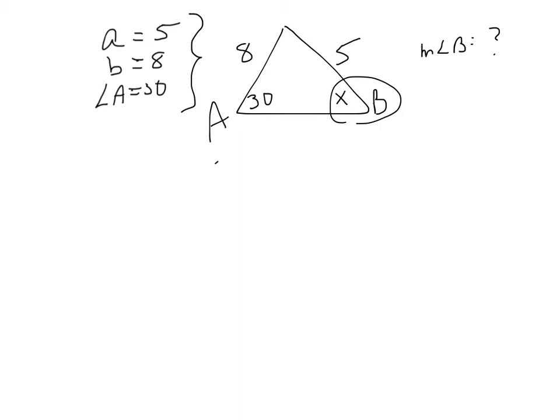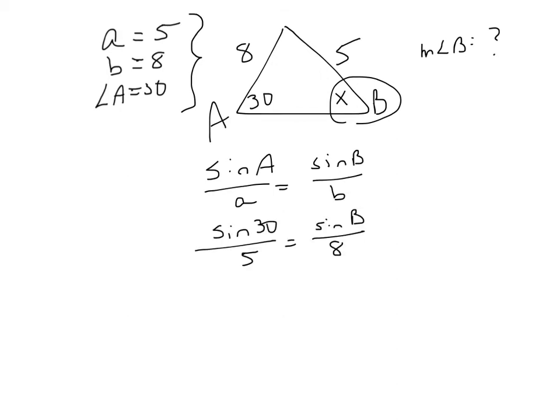Through law of sines, which says the sine of A over A equals the sine of B over B, I can throw in my numbers. And once I do that, because the 30 and the 5 are opposite and the 8 and the x are opposite, I'm going to cross multiply, and I'll get a ratio for the sine of B. 5 times the sine of B is 8 times the sine of 30.